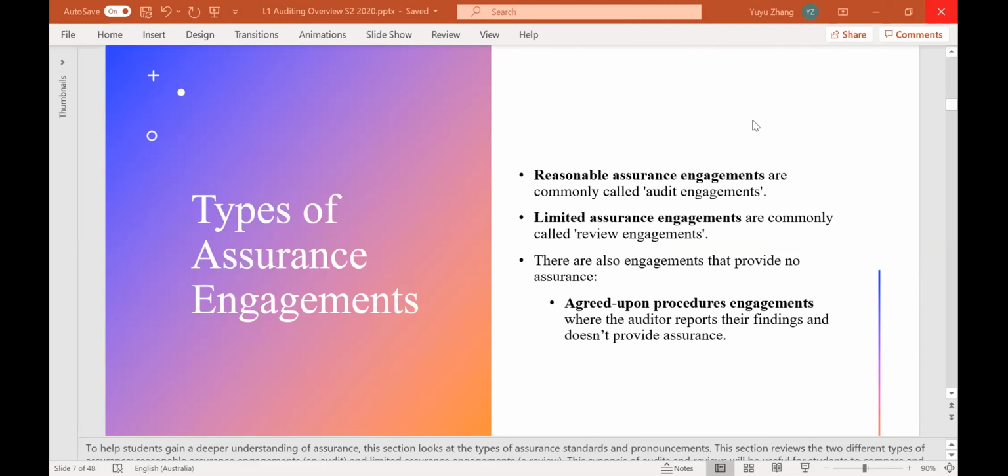So for the review engagement, the review report provided by the assurance providers is provided at the moderate level, at the limited level.